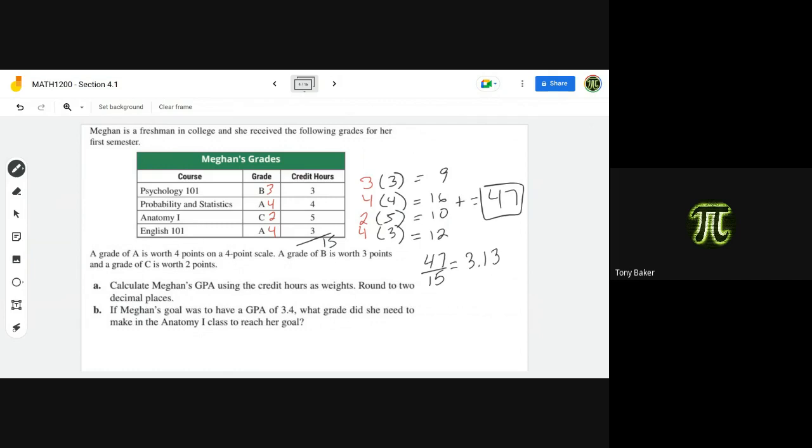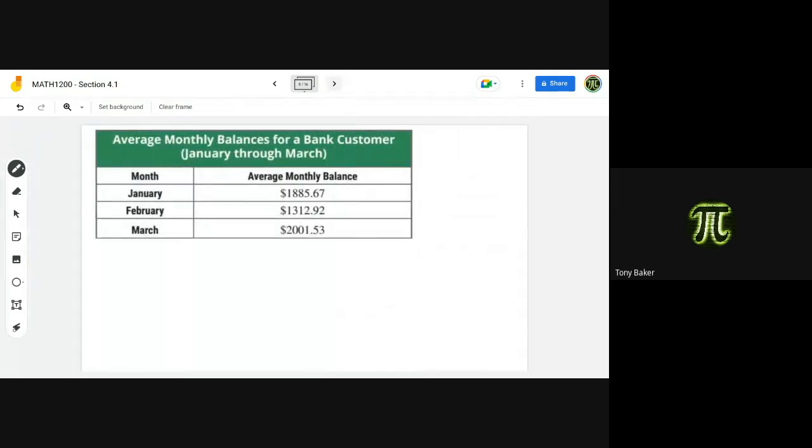Okay. Let's do one more. We want to find their average monthly balance from January through March. How many days are in January? 31.